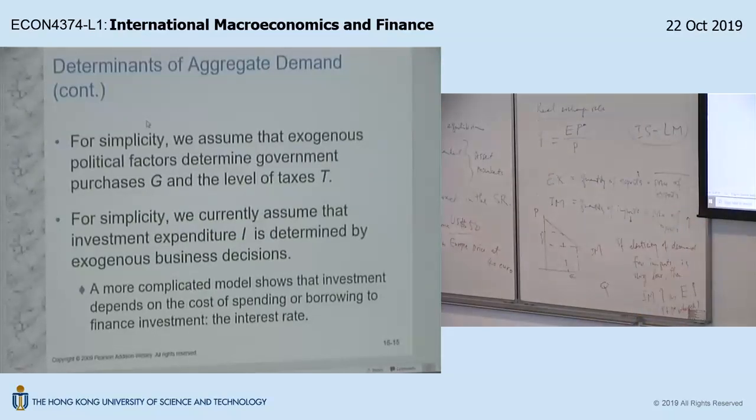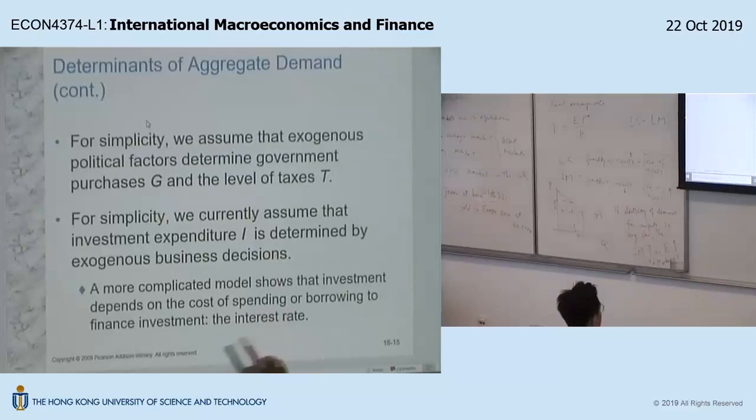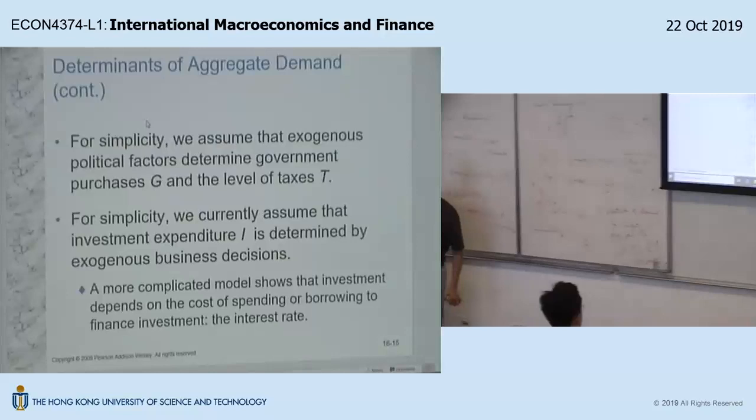Make sense? So we can assume that investment I is determined by business decisions. A more complicated model shows that investment depends on the cost of borrowing to finance investment, which is the interest rate. Any questions?